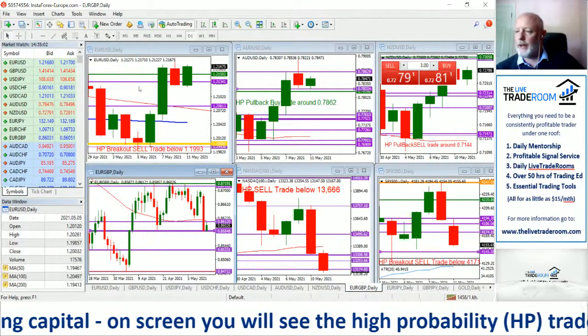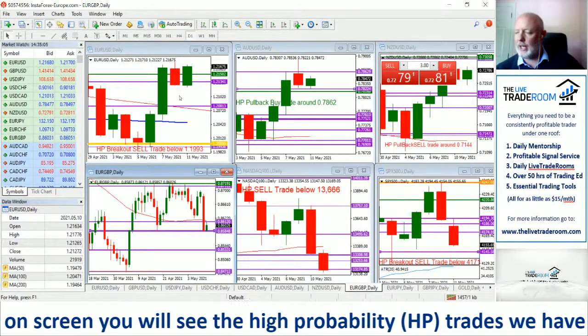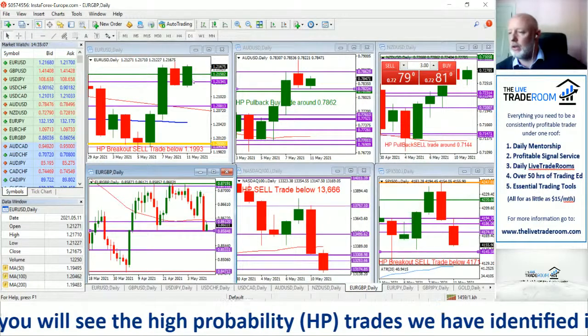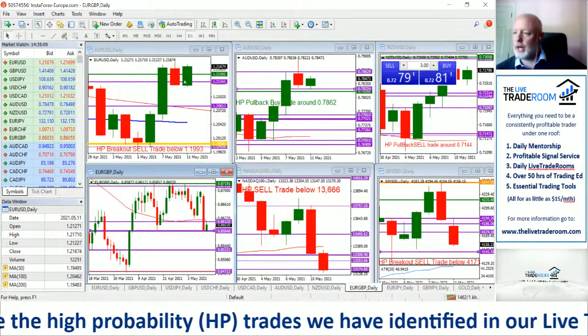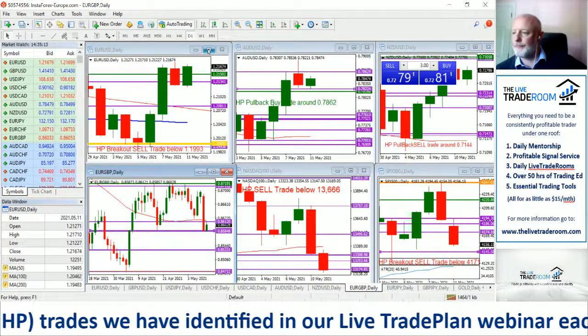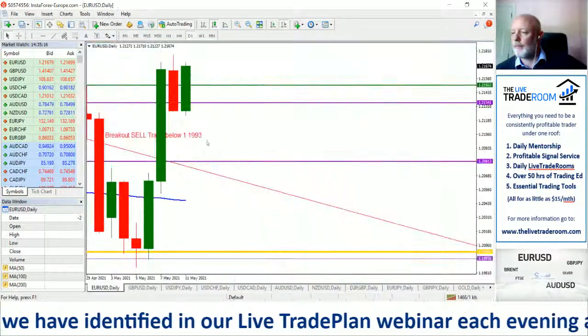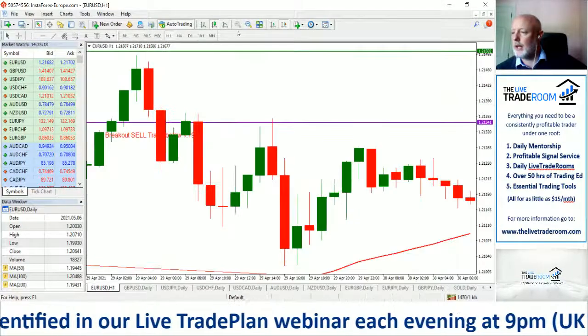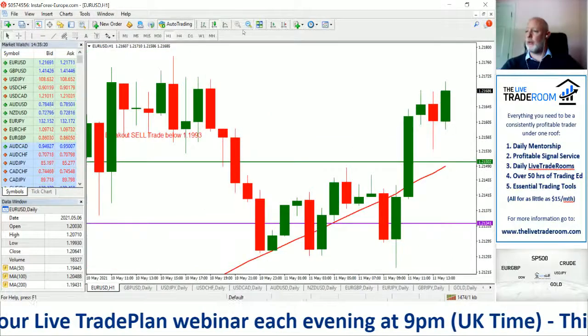Yesterday we were looking for further continuation to the downside. Now we're looking for a strong continuation trade to the upside. So let's look at it on the smaller time frames. We'll create our trade plan.